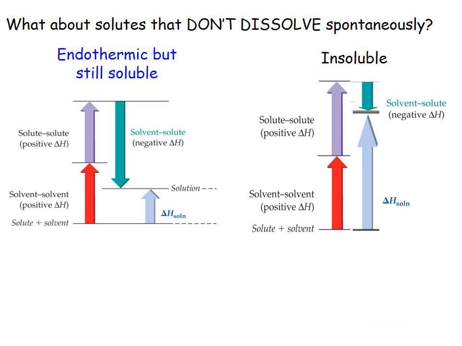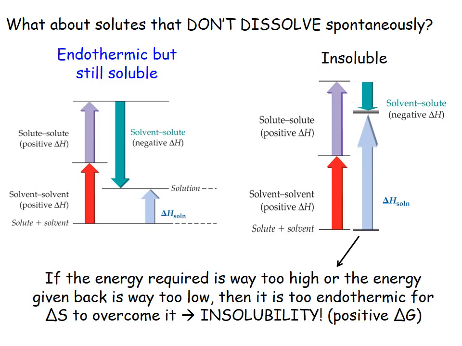So if we go back to our picture here, some solutes don't dissolve at all. And that means that if we make a new picture, here I have shown you that the green arrow is way too small and our delta H of solution is way too large.